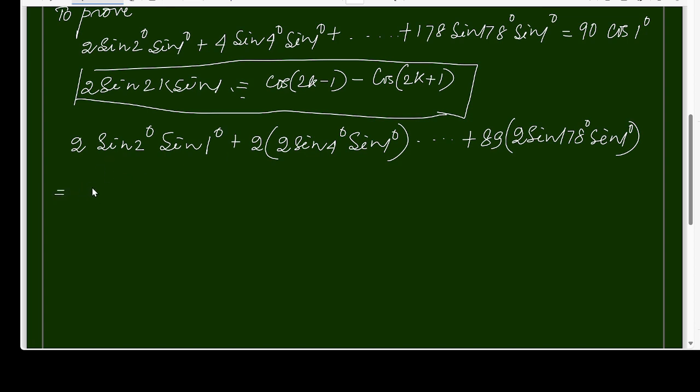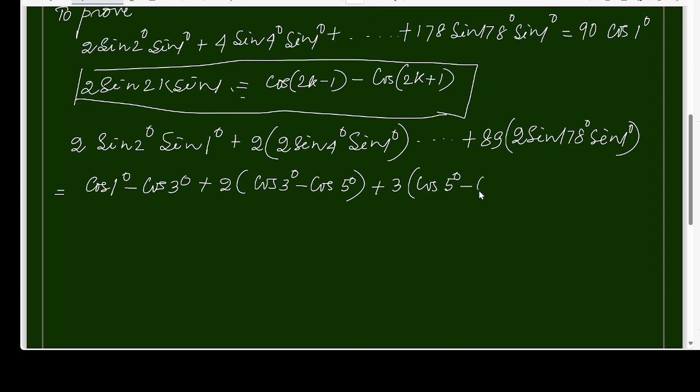So the first term will be cos 1 degree minus cos 3 degree. 2k minus 1 will be 2 minus 1, cos 1, and 2k is 4, 2 plus 1, that will be 3 degree. The second one will be 2 times of cos 3 degree minus cos 5 degree. The next term will be 3 times of cos 5 degree minus cos 7 degree, and so on.